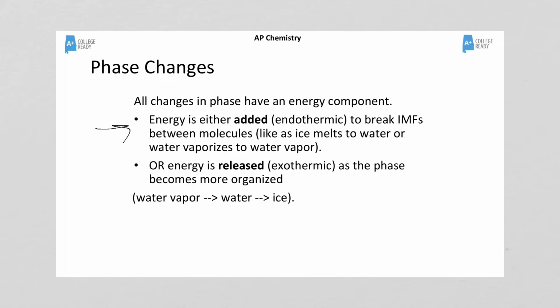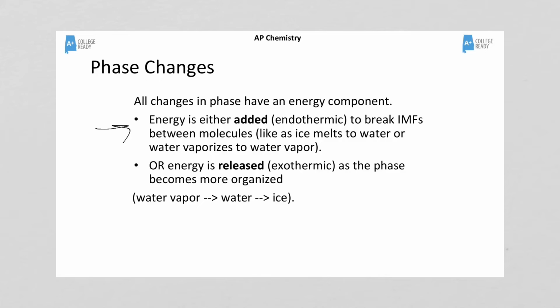These are an endothermic process when we break the IMFs between molecules. So like as ice melts to water, some hydrogen bonding is being broken to separate those rings of the ice structures to get them to be closer together, since we know ice is expanded. Ice has a greater volume than water.